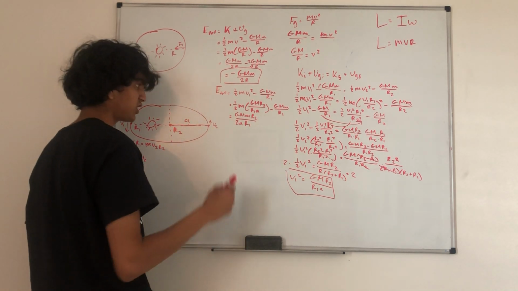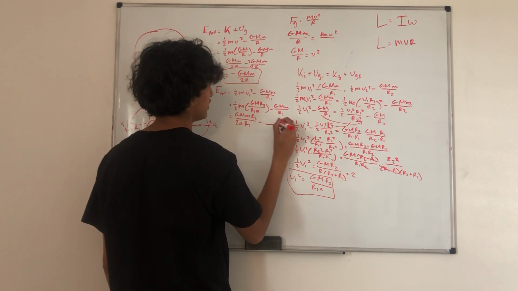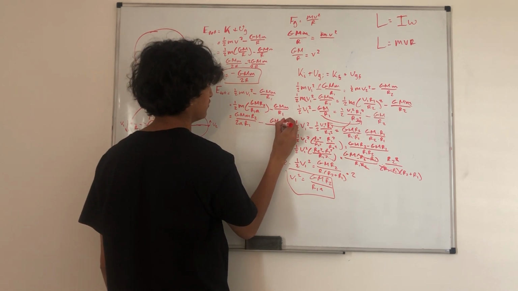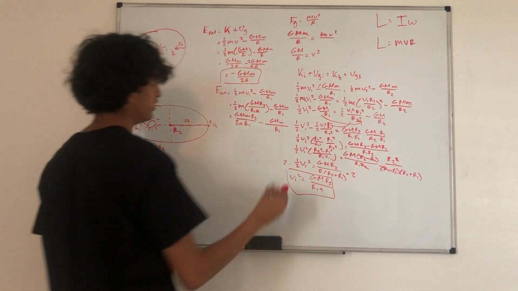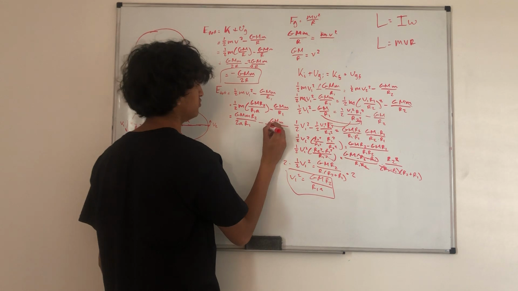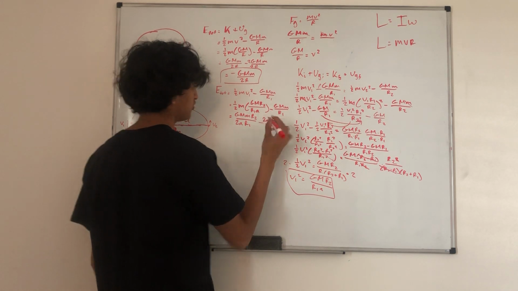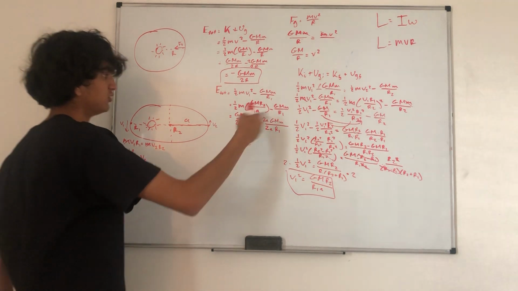So we're still subtracting GM1 m2 over r1. All we got to do now is just multiply both the numerator and the denominator by 2a. We're trying to get that, what's the word called, common denominator. Yeah, so we can do the fraction math.